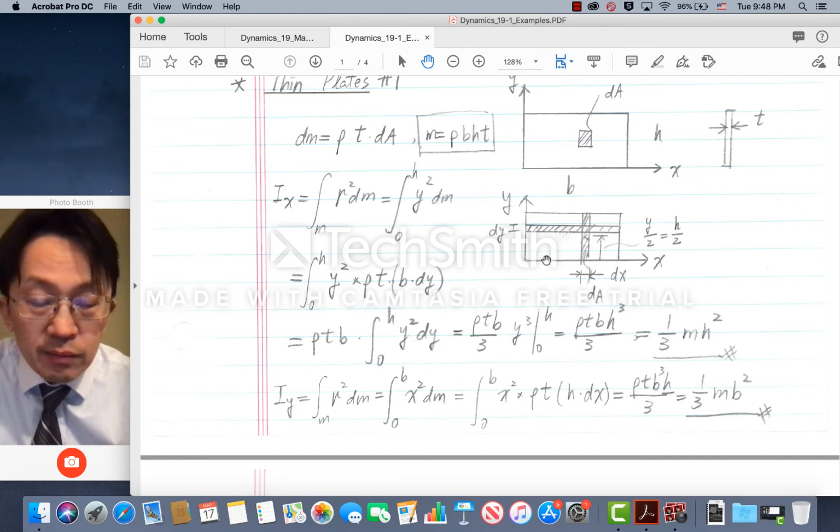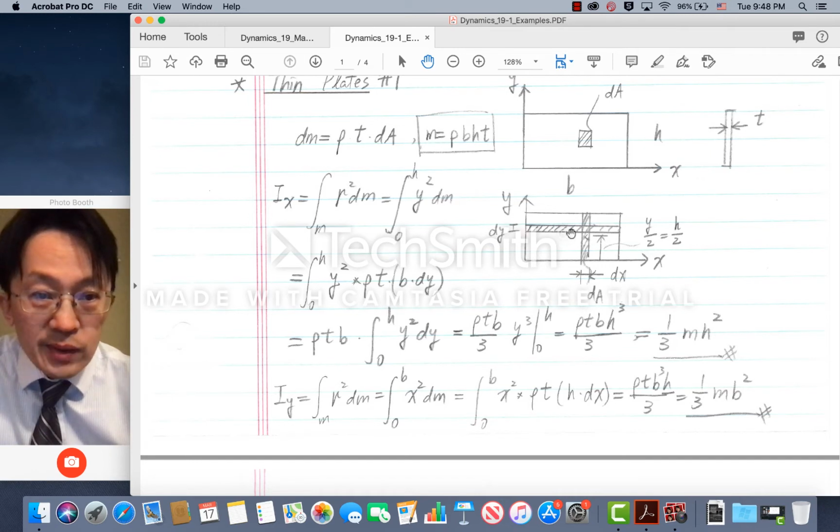On the other hand, if you choose dy times b as the dA, now along this strip with the thickness of dy, the distance from the center of this dy to the x-axis is all constant. Therefore, if you choose this horizontal strip as opposed to the vertical strip, you will know which value of r to use.